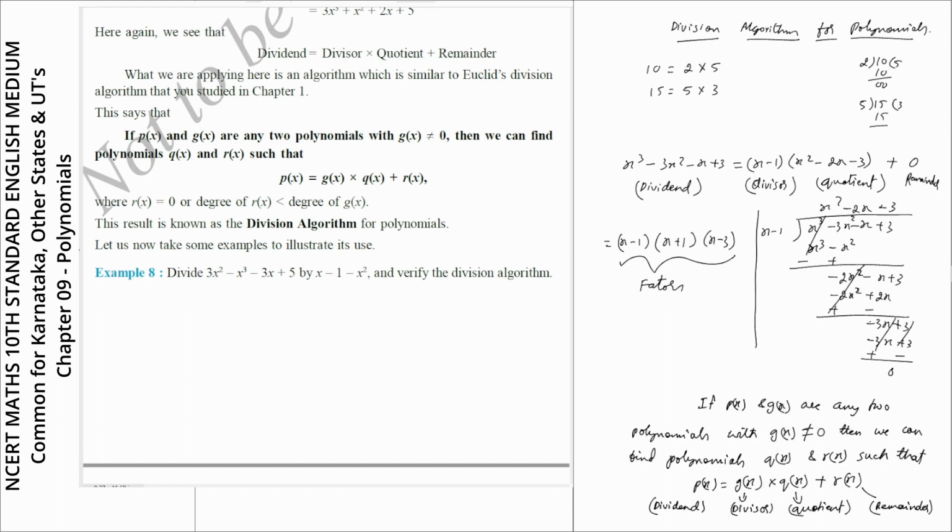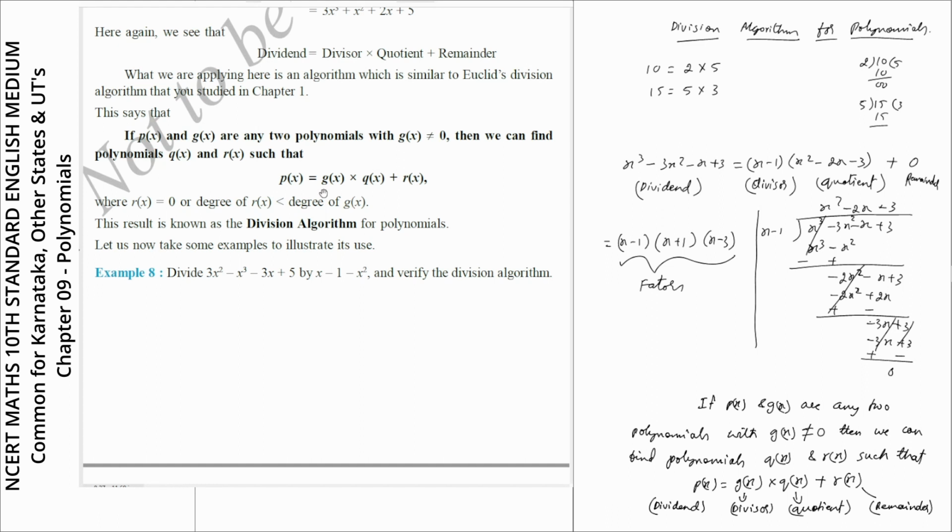What does this division algorithm say? It says if p of x and g of x are any two polynomials with g of x not equal to 0, then we can find polynomials q of x and r of x such that p of x is equal to g of x into q of x plus r of x.